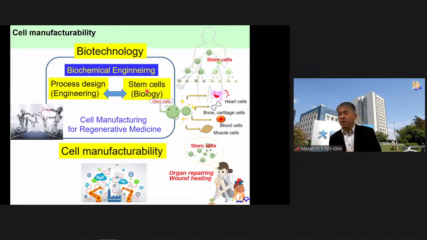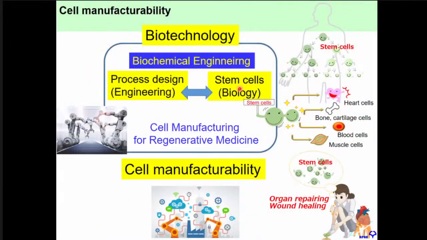We have to know the cell feature, cell characteristic, how the cells feel during the culture. We also have to know the robotic system to develop the process. Both are important. So I want to join this field as an engineer for the cell manufacturing for regenerative medicine. Okay.